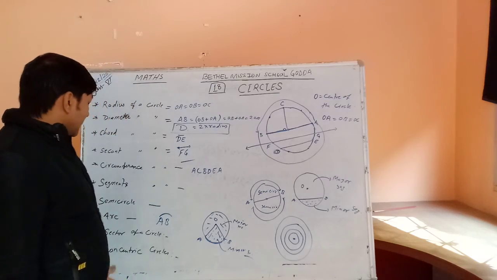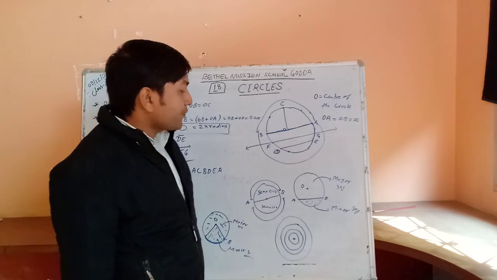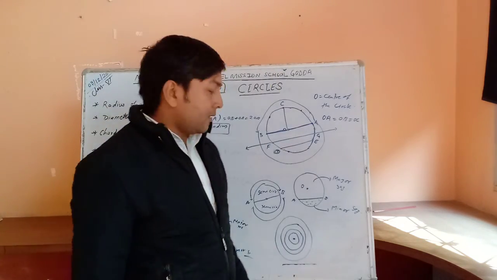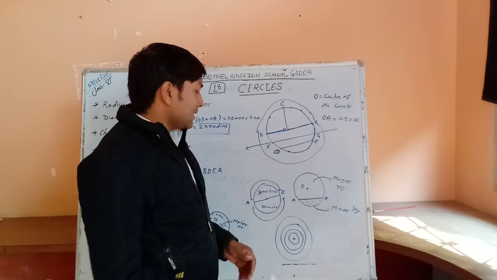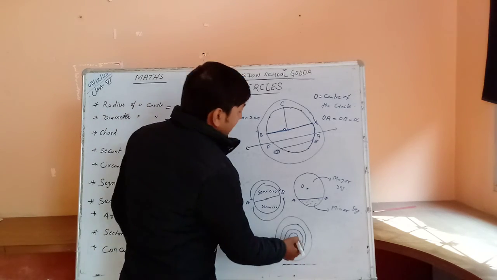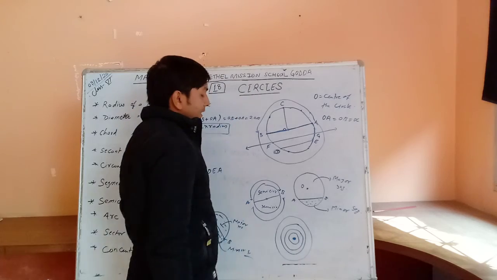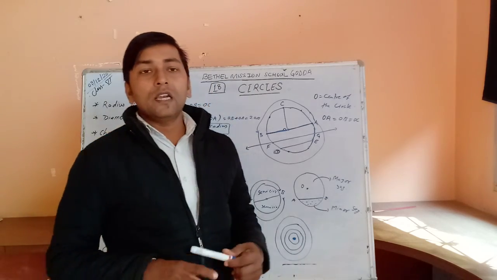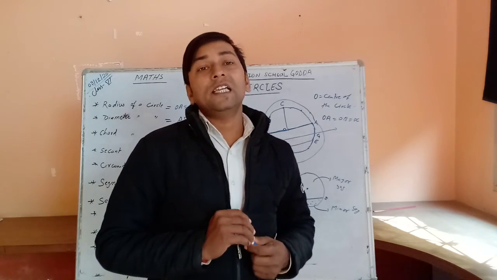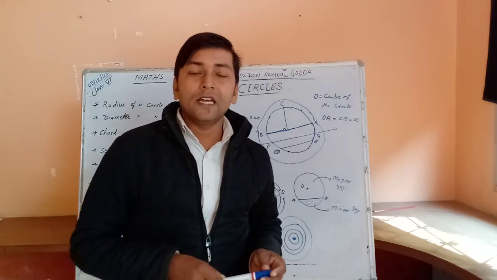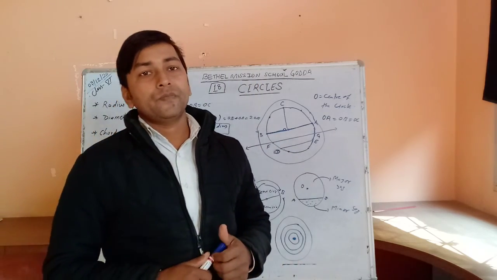And at last, concentric circles: two or more circles which have the same center are called concentric circles. Okay, I hope you got it.